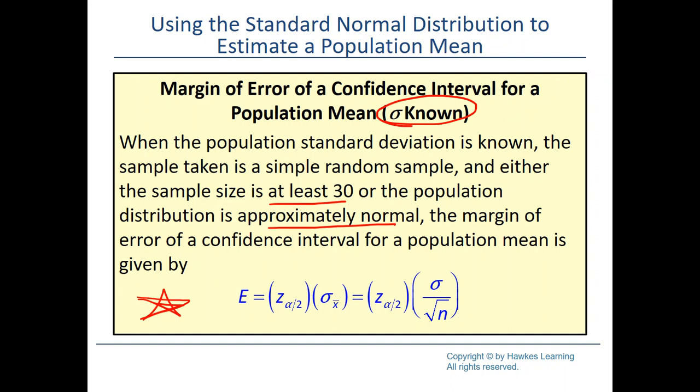Basically, our E is going to be our z value, which is z alpha over 2. We need to know that z value, and then multiply it by the standard deviation of the sample means, which we just learned about in chapter 7, which is the population standard deviation divided by the square root of n.